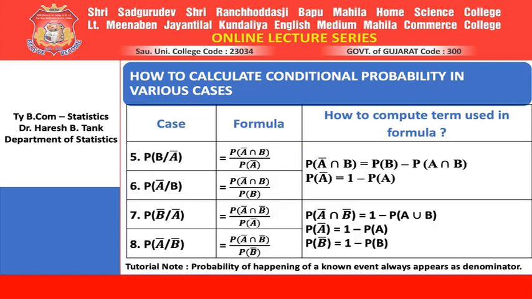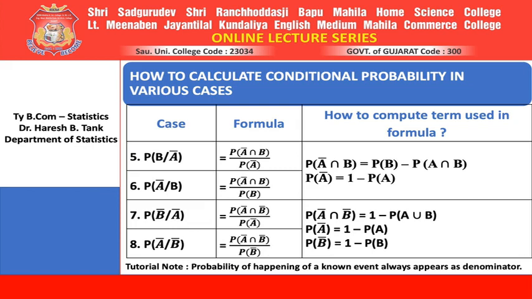Probability of B where A complement already occurred. Same logic is to be applied. Probability of A complement intersection B divided by probability of A complement. Same is the case number 6. Probability of A complement where B had already occurred.